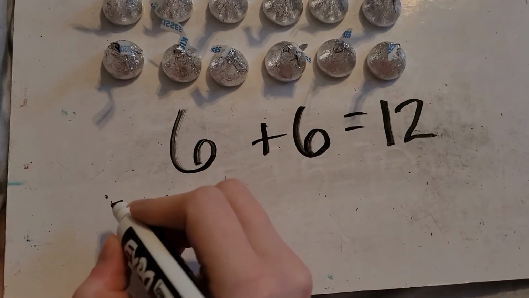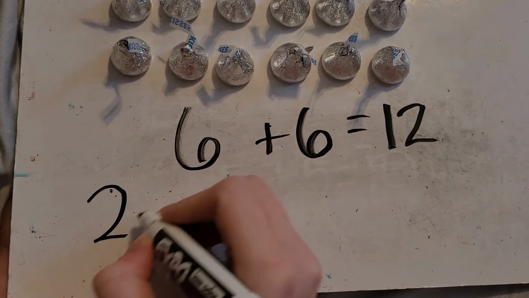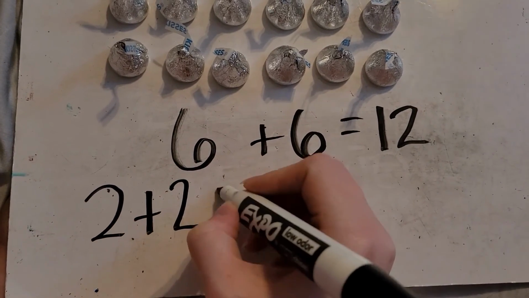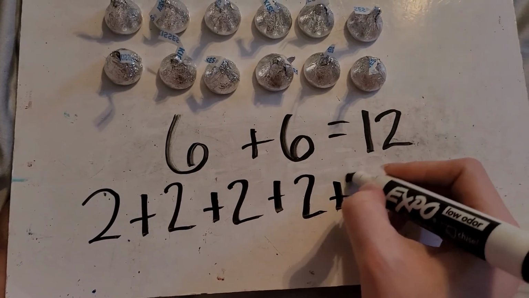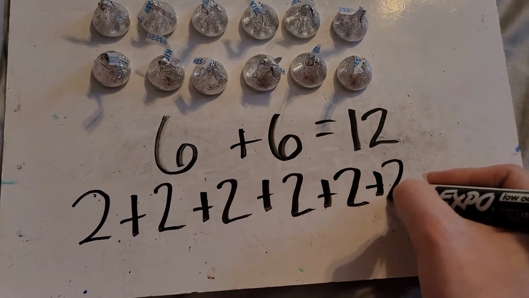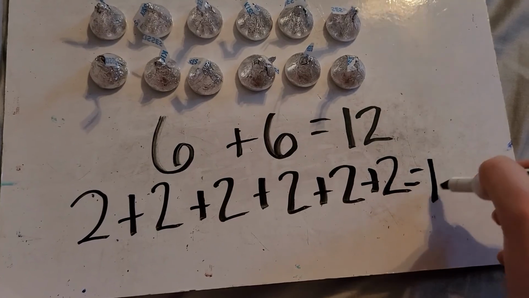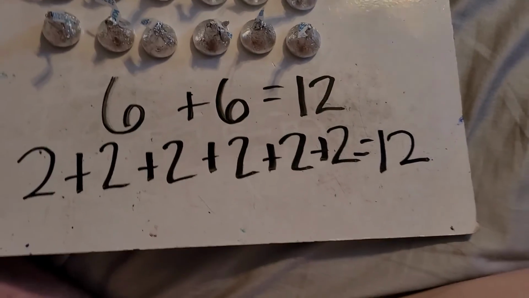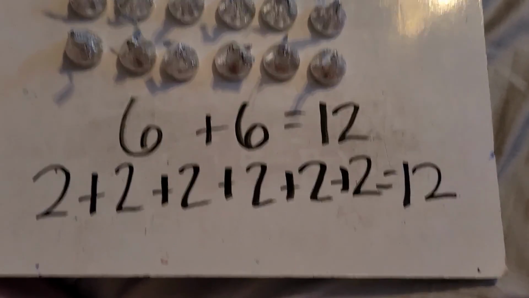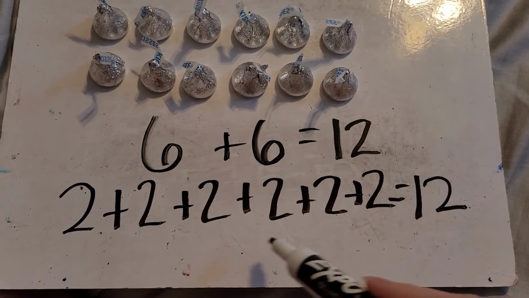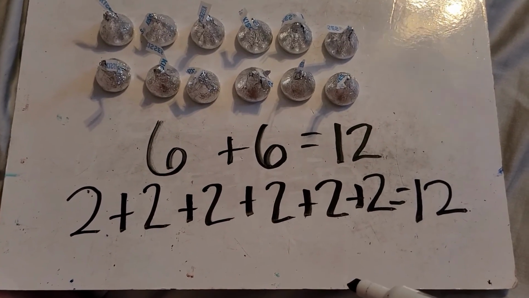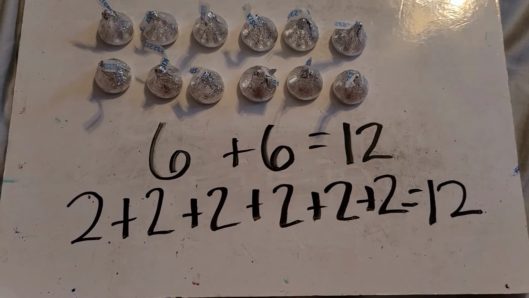Yep, so in my number sentence, I'm going to write 2 6 times. 1, 2, 3, 4, 5, 6. And again, my total doesn't change. Even though my add-ins have shifted a bit, it's still going to give us the same amount. 2 groups of 6 and 6 groups of 2 both give us 12.